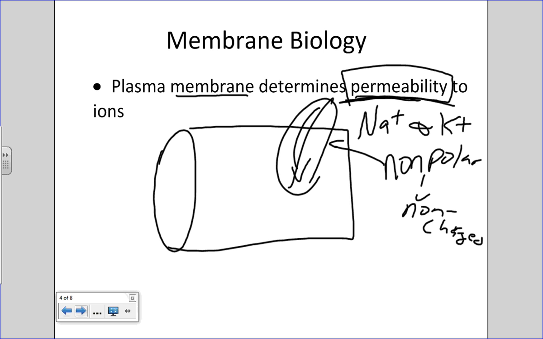But when you take a look at sodium and potassium, you'll notice that there is a net positive charge to these. There are other ions involved in this that I'm going to bring up in a little while, but sodium and potassium are the big ones to focus on here.